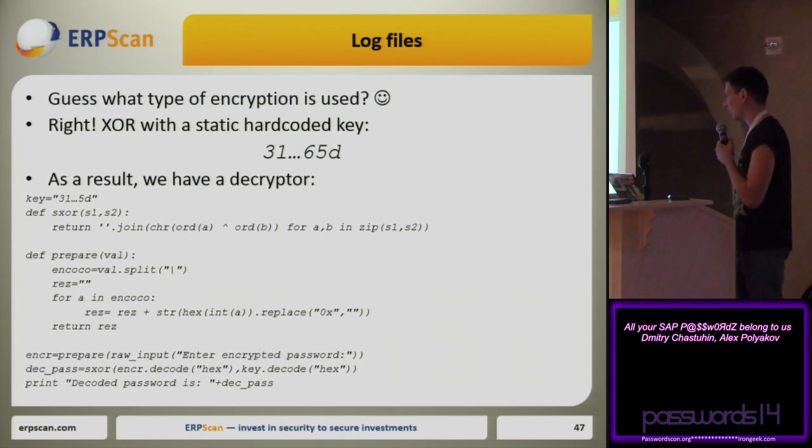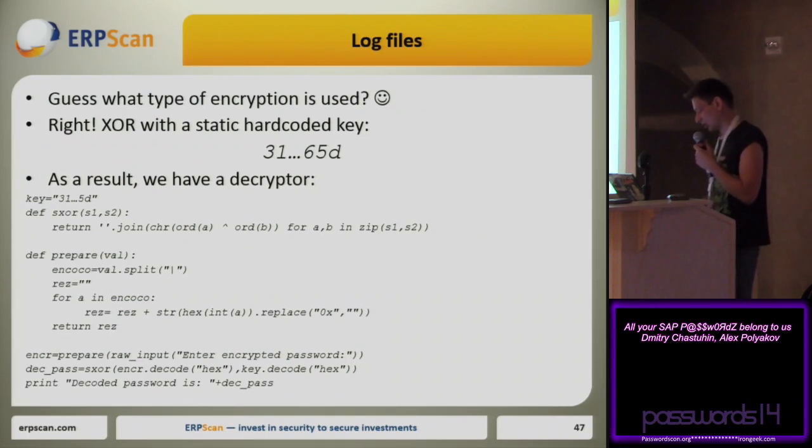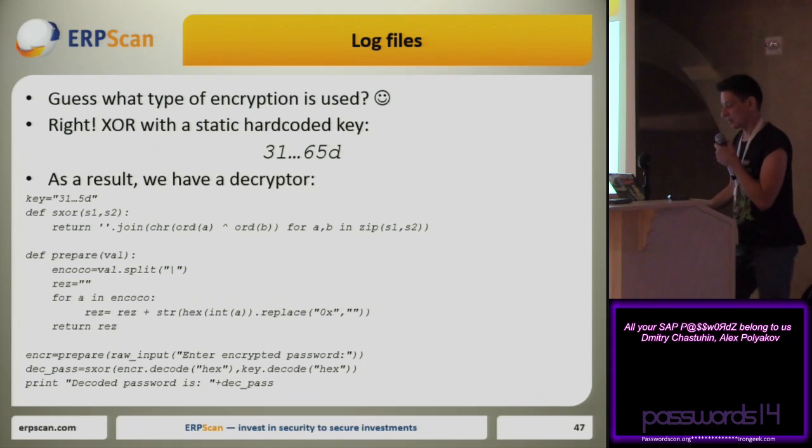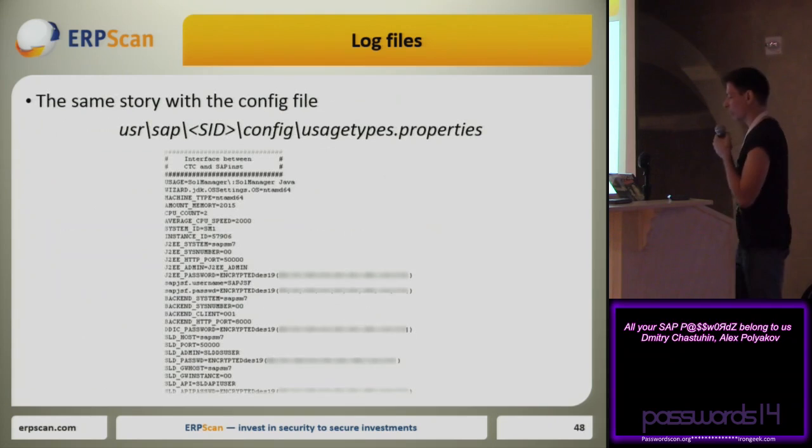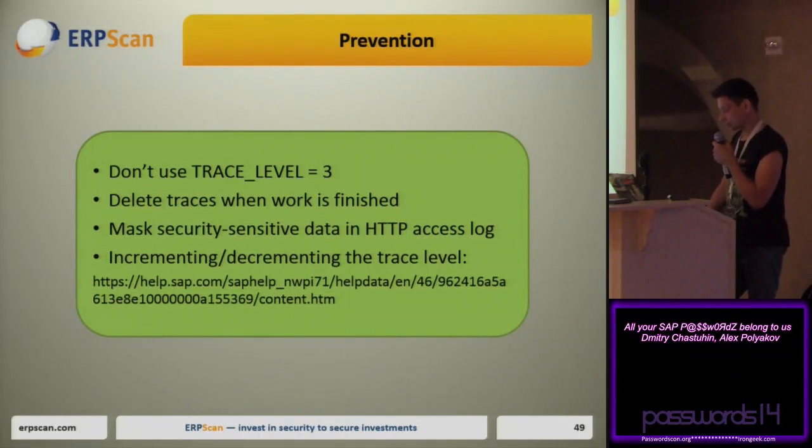A lot of critical usernames and a lot of passwords we can find in these logs. The same story with some auto-generated configuration files. You can find a lot of encrypted passwords in logs.